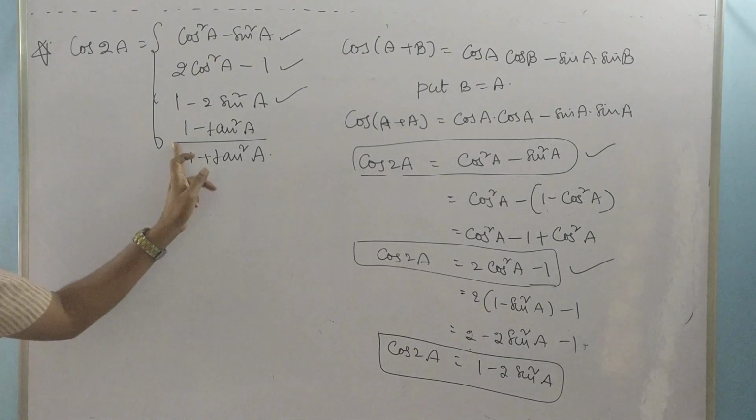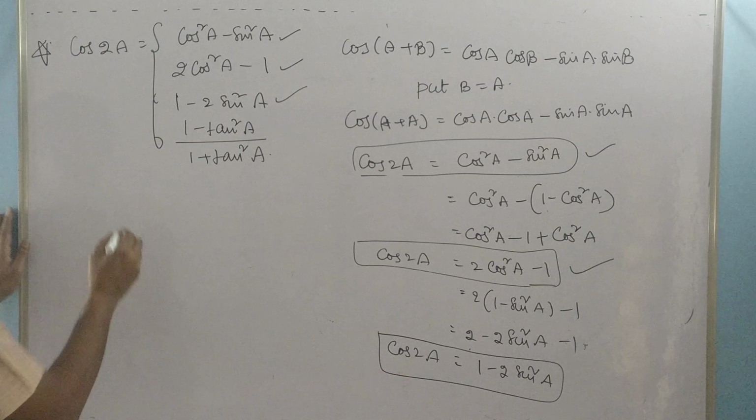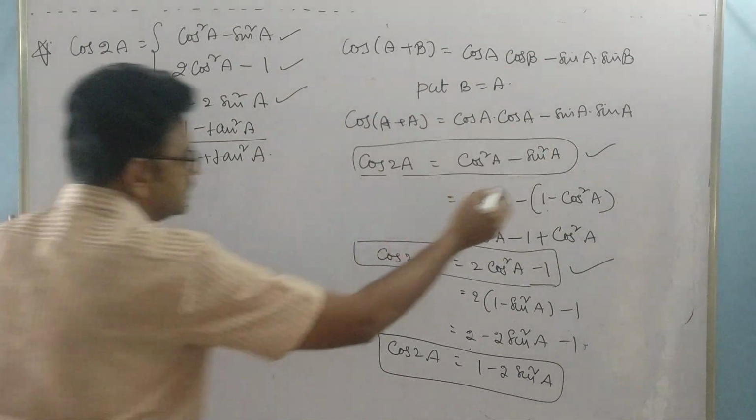Next one is 1 minus tan square A by 1 plus tan square A. Cos 2A is equal to, I can use this result.